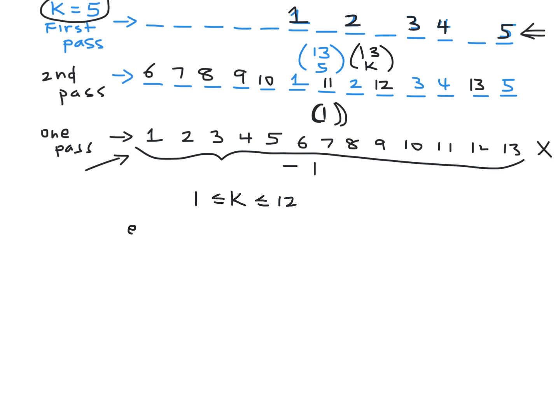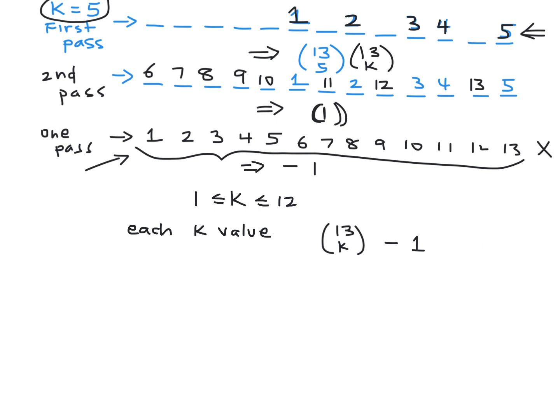So for each k value, the number of ways is 13 choose k from up here. This is just 1, so that's not going to make a difference. You can put it in if you want, but you don't need to. And then subtract this 1 over here because we don't want that one.